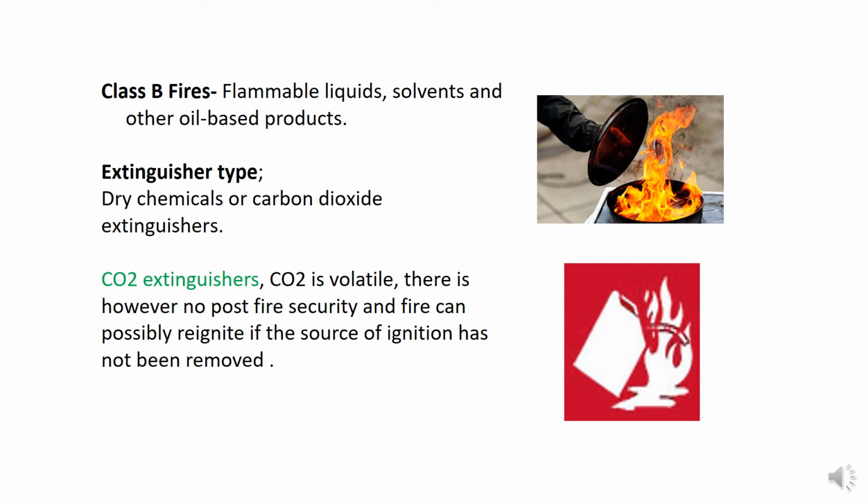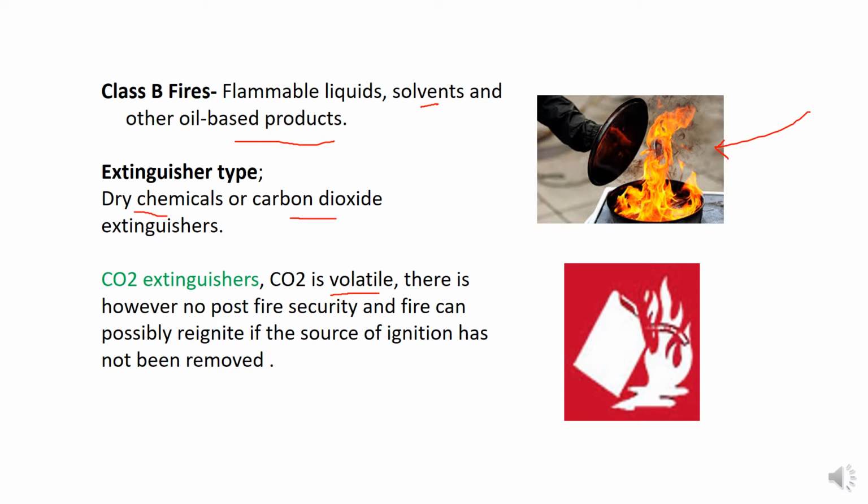Class B fire involves flammable liquids, solvents, and other oil-based products that ignite. The extinguisher that we use to suppress this fire is dry chemicals or carbon dioxide. Be careful with carbon dioxide suppressors because carbon dioxide is volatile.